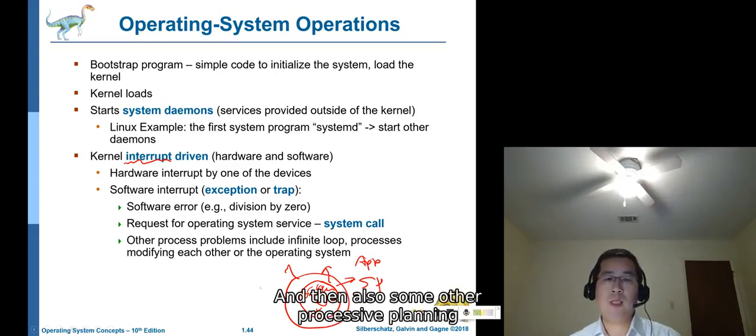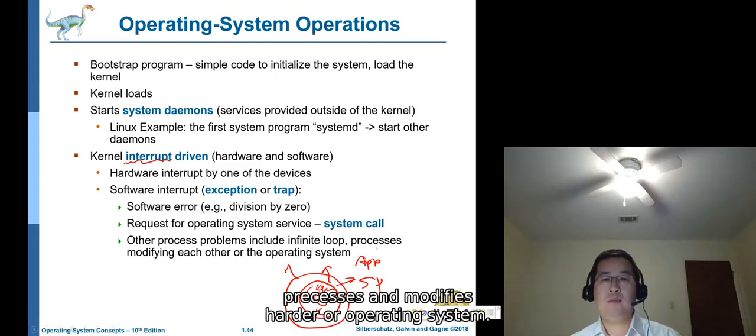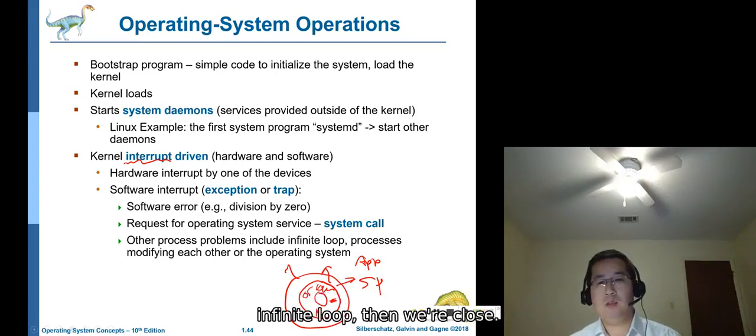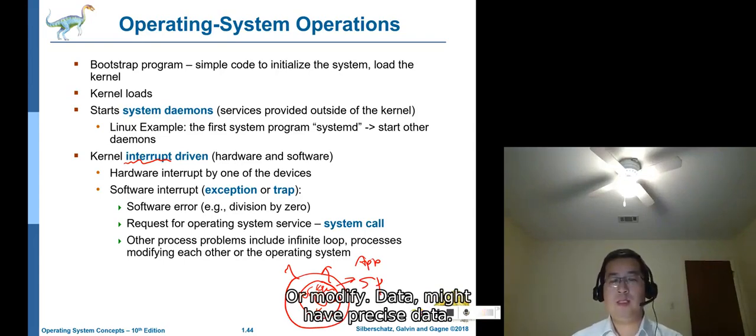And also some other process problems, like an infinite loop. Infinite loop, or processes modifying each other or the operating system. So for example, if you put your program in an infinite loop, that will cause some problems, correct? Or processes want to communicate with each other, or want to modify others' data, multiprocess data.